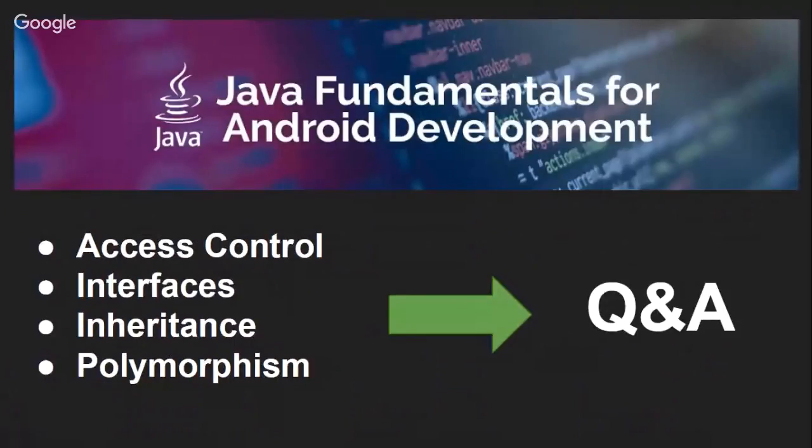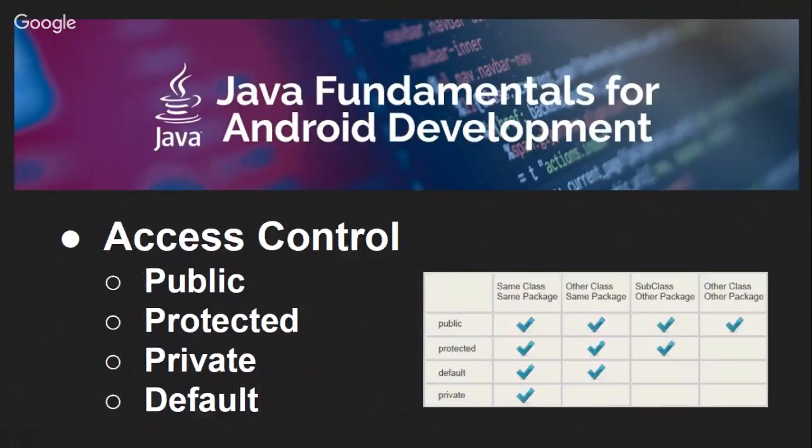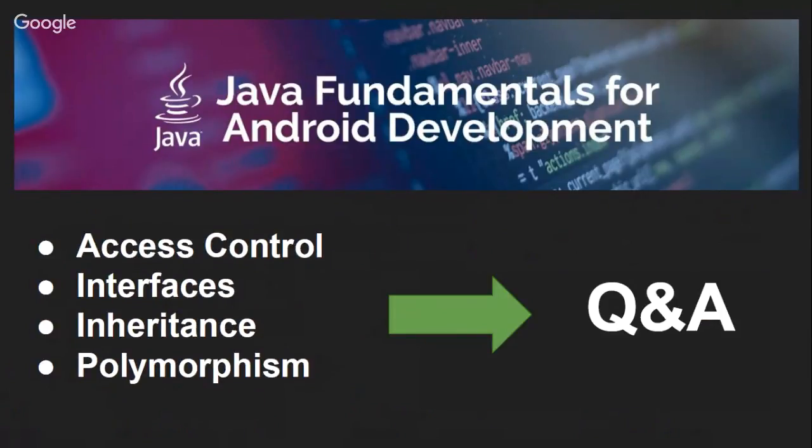You remember that in lesson 2, we talked about access control, interfaces, inheritance, and polymorphism. Interfaces, inheritance, and polymorphism are features that are only possible because Java is an object-oriented programming language.